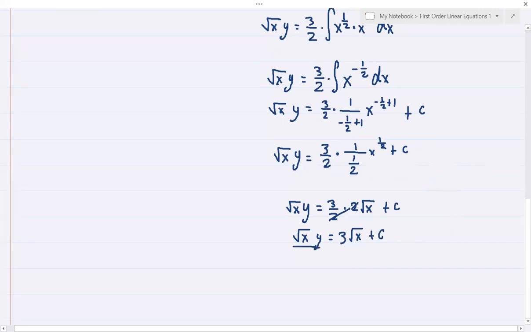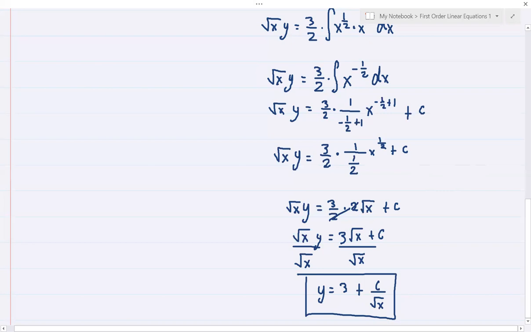So we can divide both sides by square root of x. We will have y is equal to 3 plus c all over square root of x. Okay? So this could be your final answer.